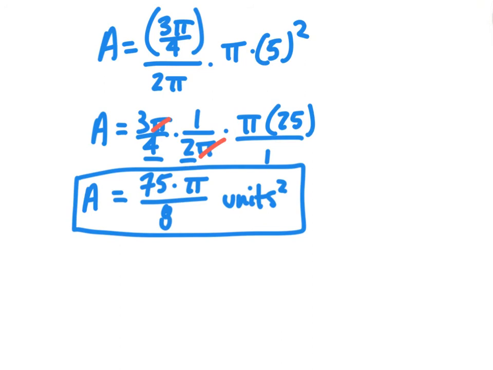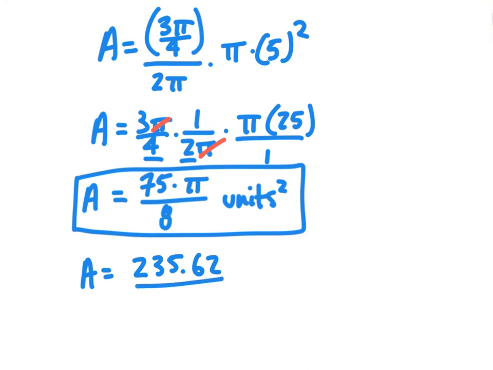So let's do that. If I did 75 times pi, it's going to give me roughly about 235.62.